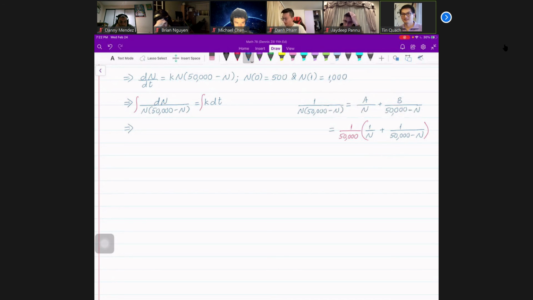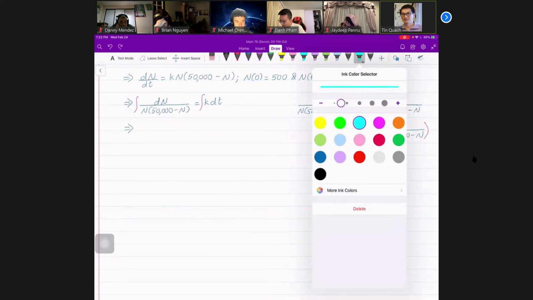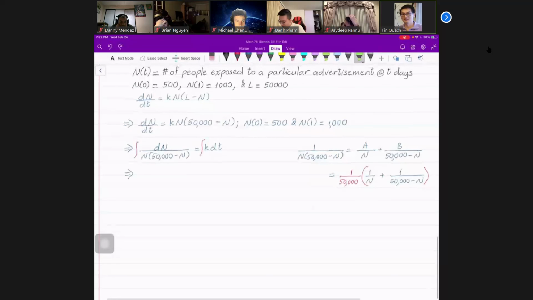Or if you want to, you can just do all the work to get A and B, and you will get that. So that is the work that you need to do. I'm going to separate this so we have more room over to the left.